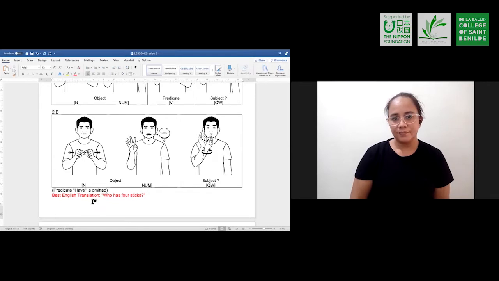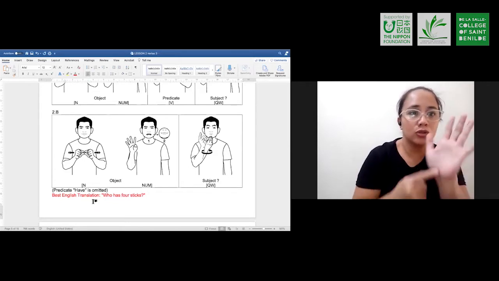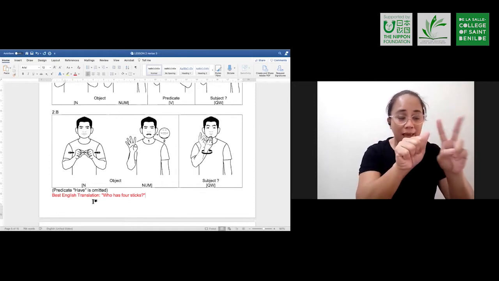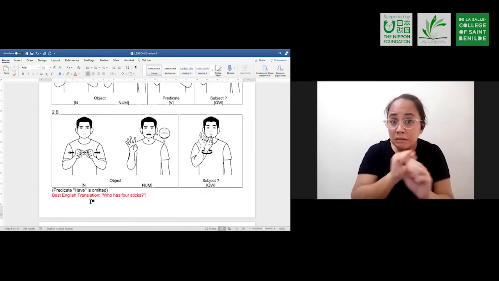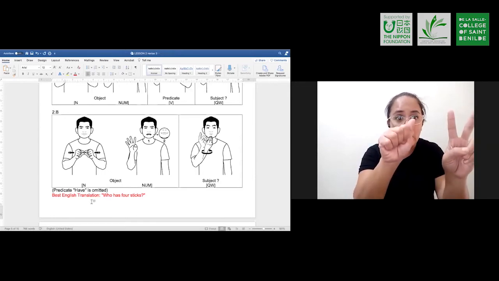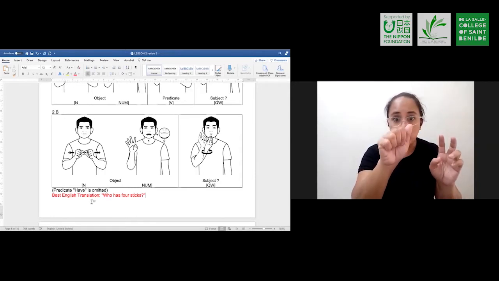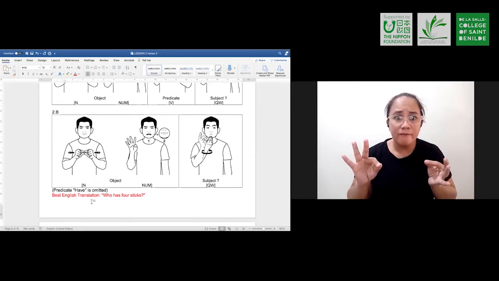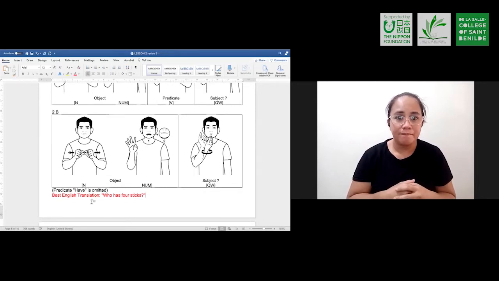So just indicate the best translation for both 2A and 2B, because it might not be clear, because after 2A, there's nothing. After 2B, there's a translation. So we need to insert that in.